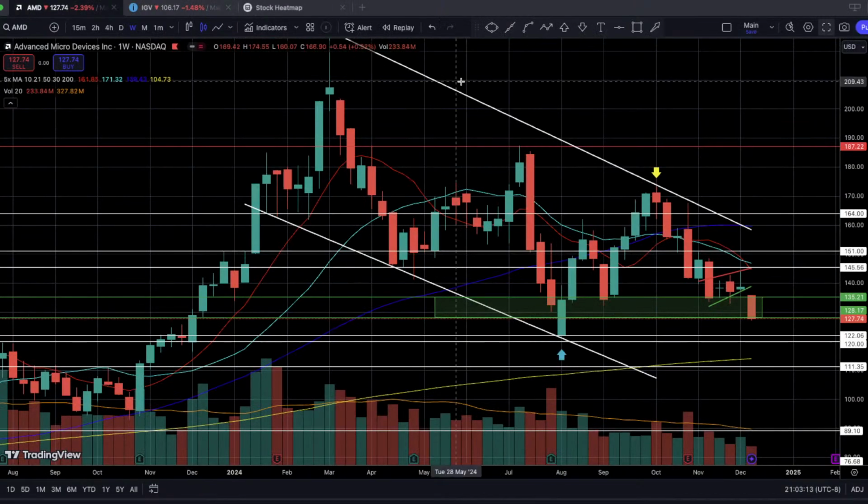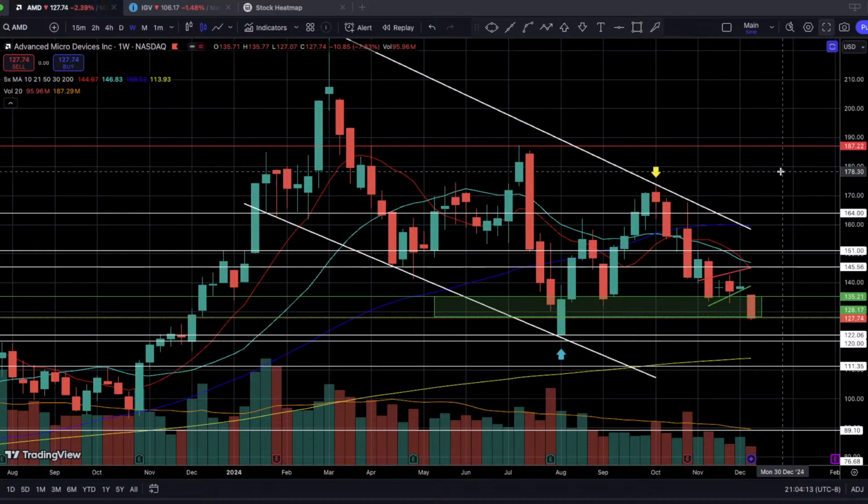As long as we can see that reversal or turnaround occurring around, I would say, mid 2025. Now, this is just 100% speculation of the time frame of when I think AMD can turn around, okay? So don't take my word for it here.